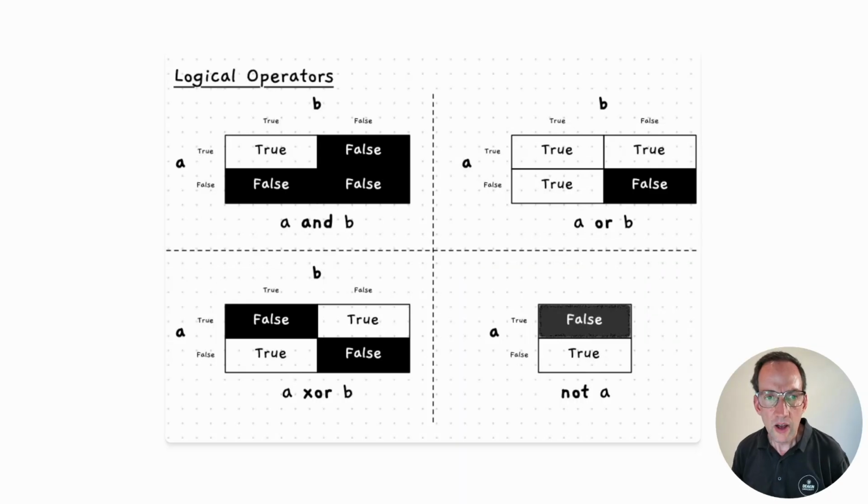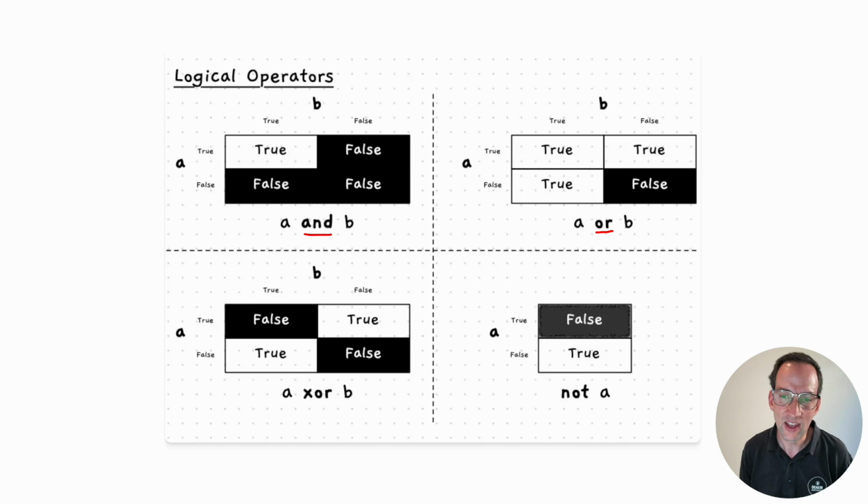You can also combine together these Boolean values using logical operators. This lets you combine together two different expressions into one larger expression. And we can use this to check if both of the things are true. So using and, we could say, is one thing true and something else true? That's one option. We can use or if we're after one or the other being true.